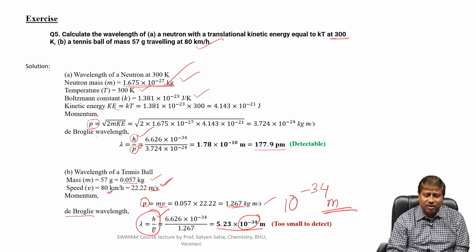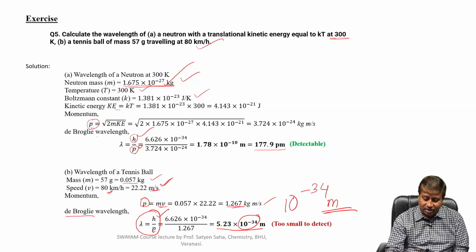This wavelength is very small, and that kind of small wavelength we cannot detect. So, when a tennis ball is being played, it is a particle, but it is associated with a wave of wavelength 10 to the minus 34 meter. It is so small that it is associated, but we cannot detect it.